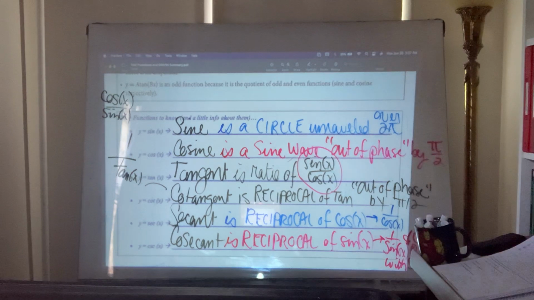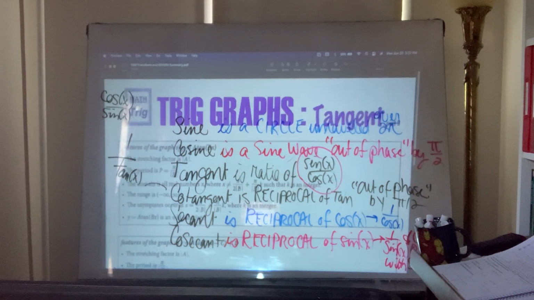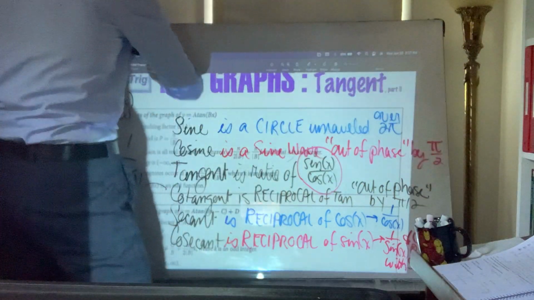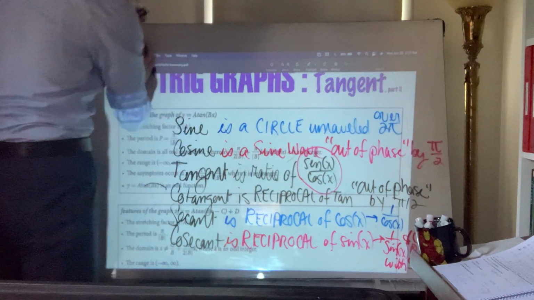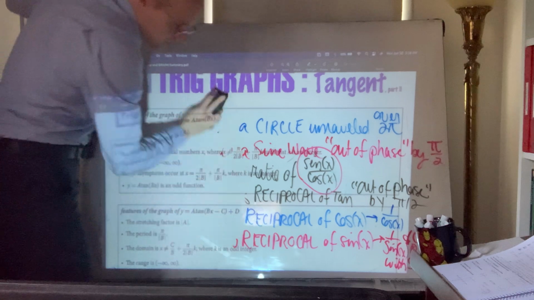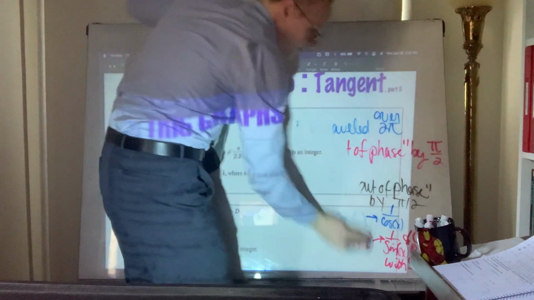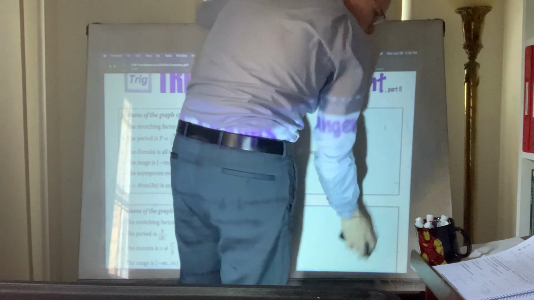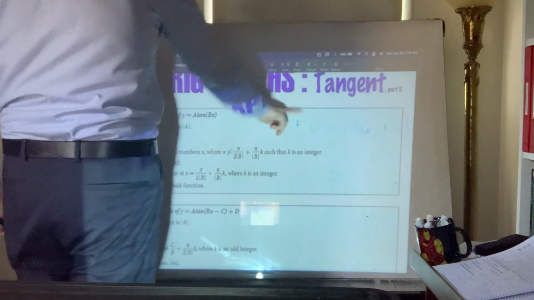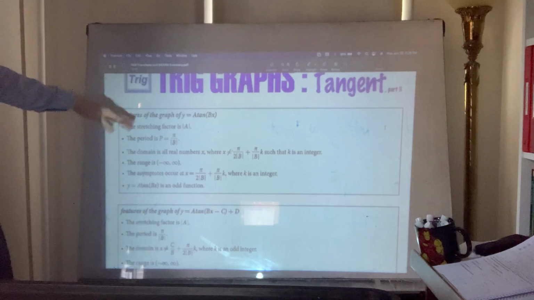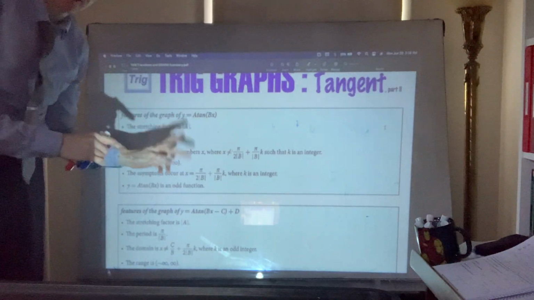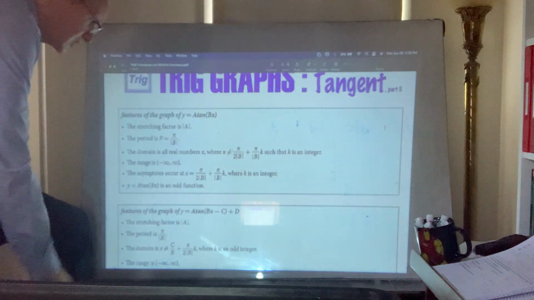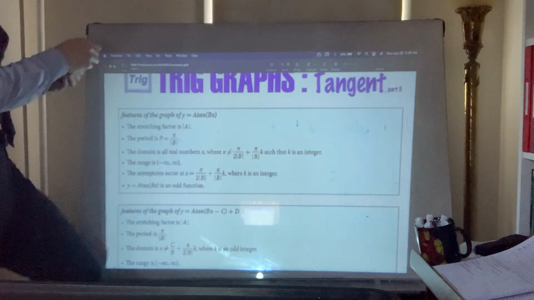But before we get to tangent, here's some things to bear in mind. I'm gonna erase this now. There is no amplitude in the classic sense of a wave, because the wave doesn't quite look like a sinusoidal wave, right?